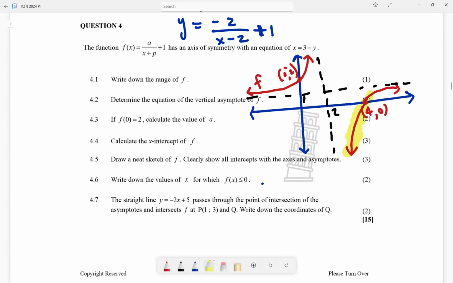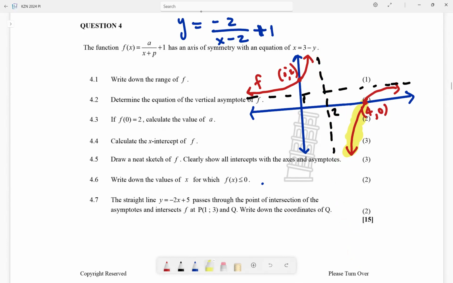Similarly, here on this portion it is above, right? So you want this portion where it is below. Can you see it is between 2 and 4, because it does not touch 2, remember? It will just go down. If we have our asymptote like that, your graph will always go down. It will never cross or touch that point, okay?